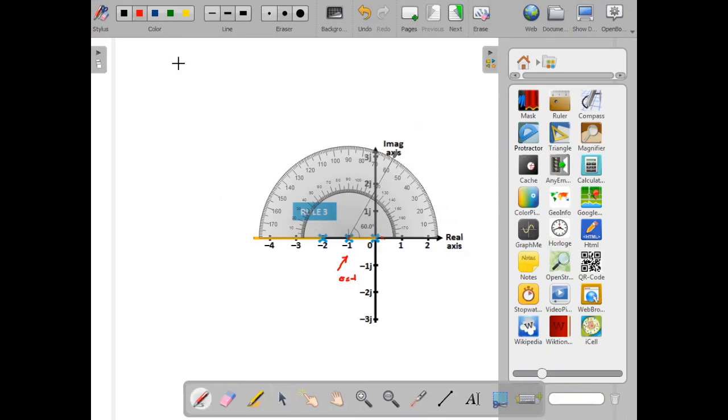Take a pencil, mark for 60°. Then theta 2 is equal to 180°. Let us mark for 180°, making use of the protractor, with sigma is equal to -1 as the center.